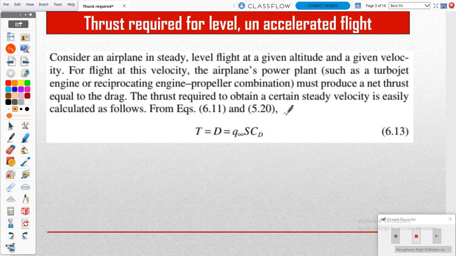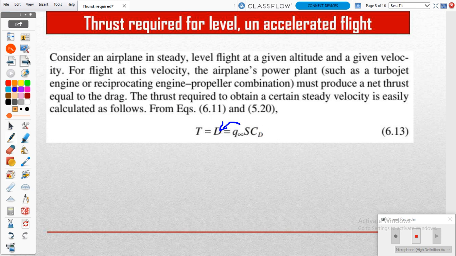So based on that steady level flight, we can easily determine capital T equal to D, thrust equal to drag. So we are going to substitute the value for the drag, that is q-infinity S multiplied with the CD value. These are the derivations we get from the previous one.